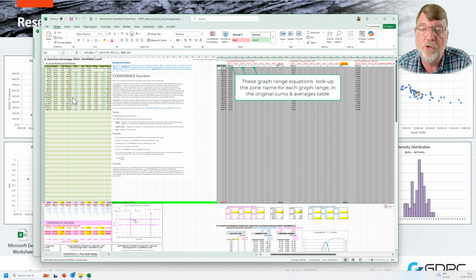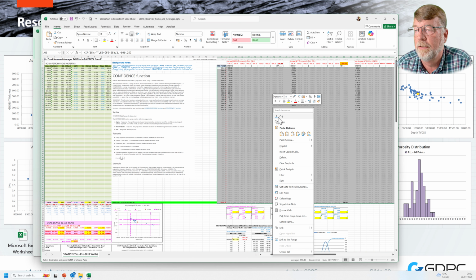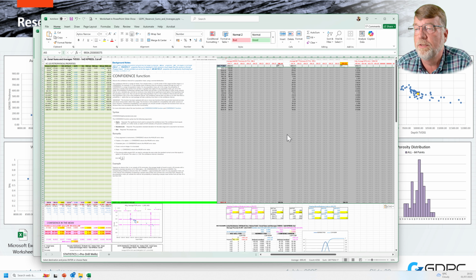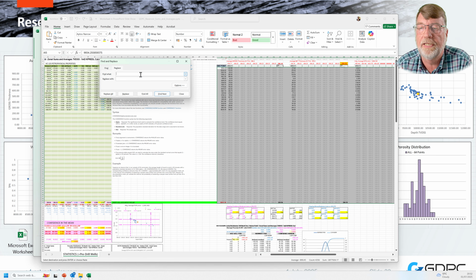So when you put new data in, refresh this. So copy the formula down, press copy, paste just the values, then find and replace, get rid of the minus 999.25s with nothing, replace all.